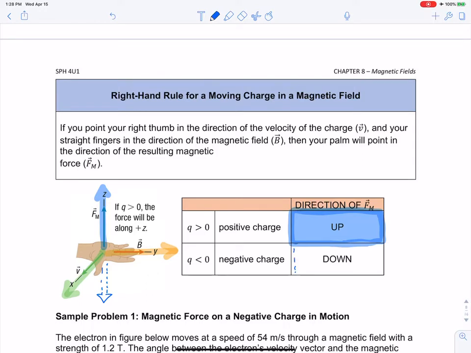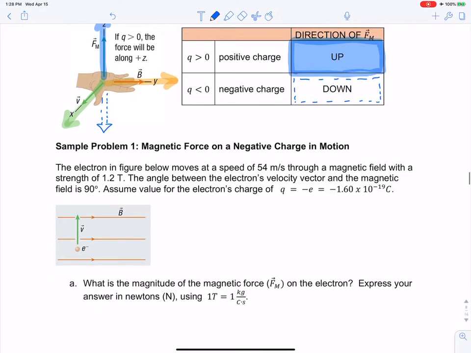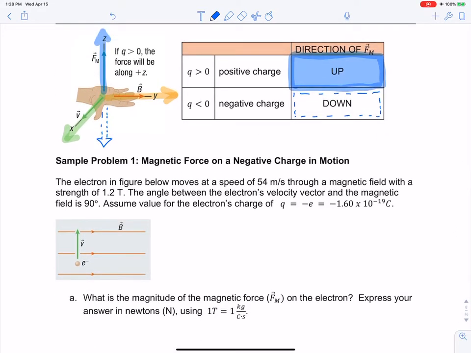Okay, so keep this in mind as well. There's a difference as to whether or not the charge is positive or negative. Let's try a sample problem to put the right-hand rule for a moving charge in a magnetic field into practice.